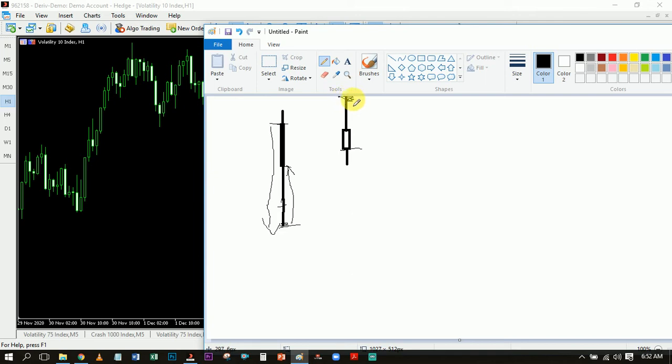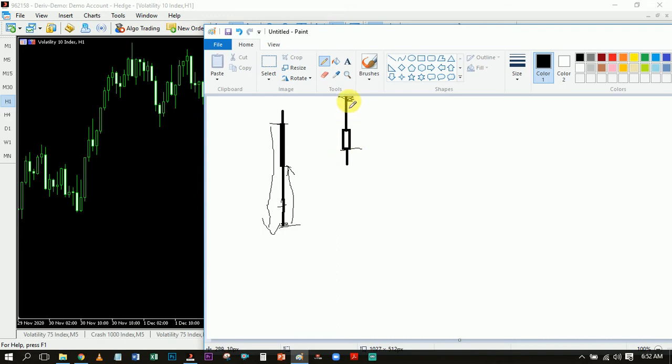And the sellers were successful in pushing the price down to the point that they dominated this candlestick, having the most percentage of the candle formation. From here to here is about 60% of the candle.